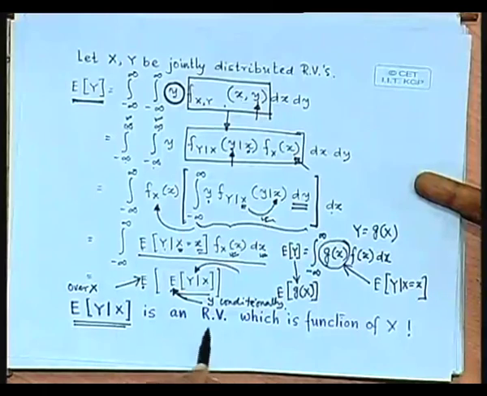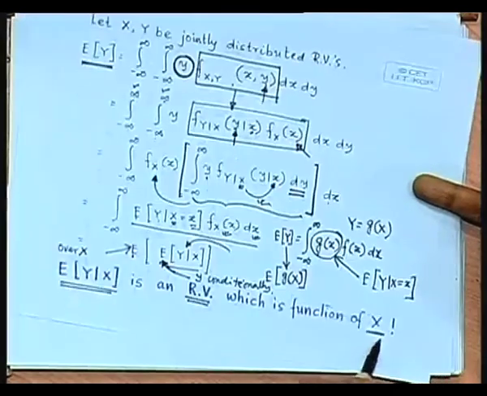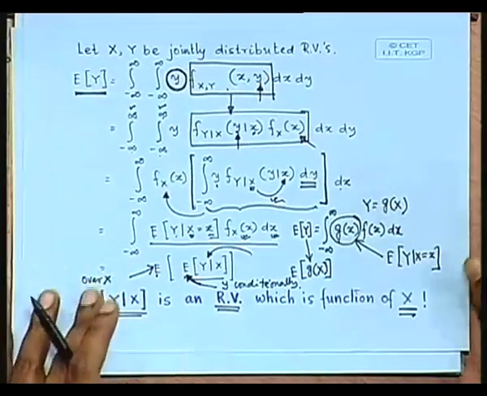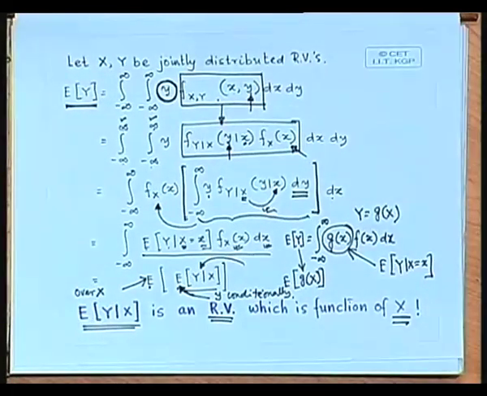So, obviously, the expectation of y given x greater than 65 is going to be different from the expectation of y given x greater than 55. In that sense, it is a function of x. So the conditional expectation itself is actually a random variable which is a function of x. This is interesting.